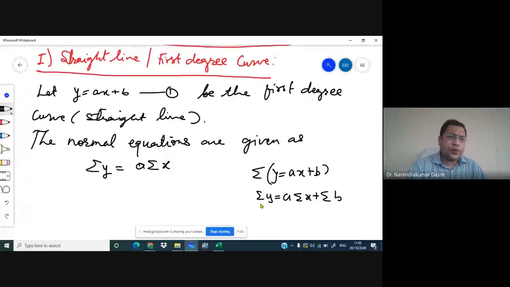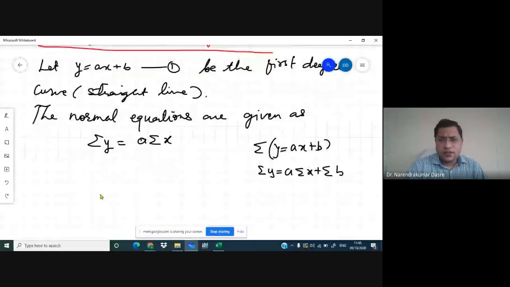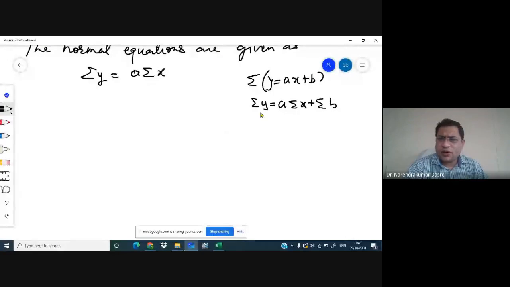And moreover, as we are considering all the points, i is running from 1 to n. So what will be the summation, i running from 1 to n, of b?